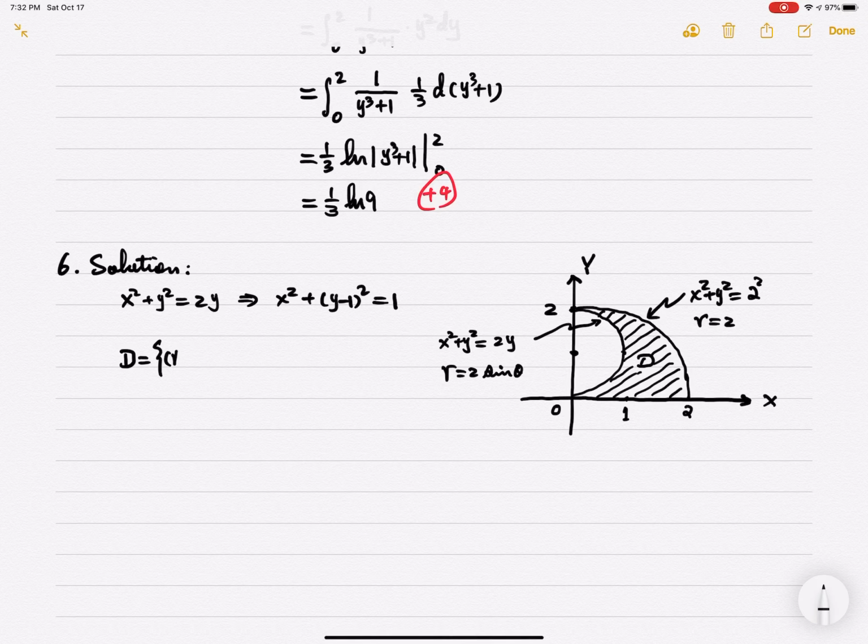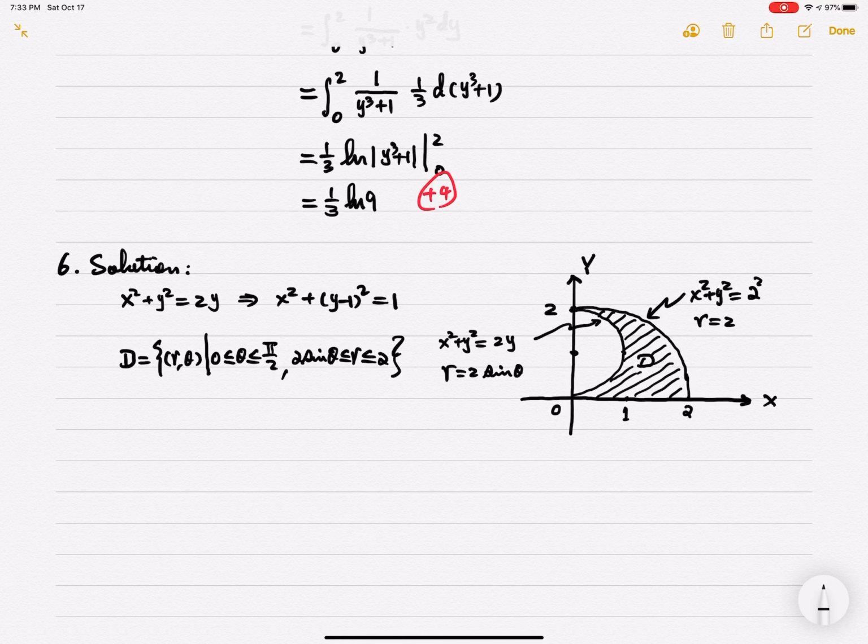Now you see theta is between 0 and pi over 2, and then r is between 2 sine theta and 2. Okay, so we have that.